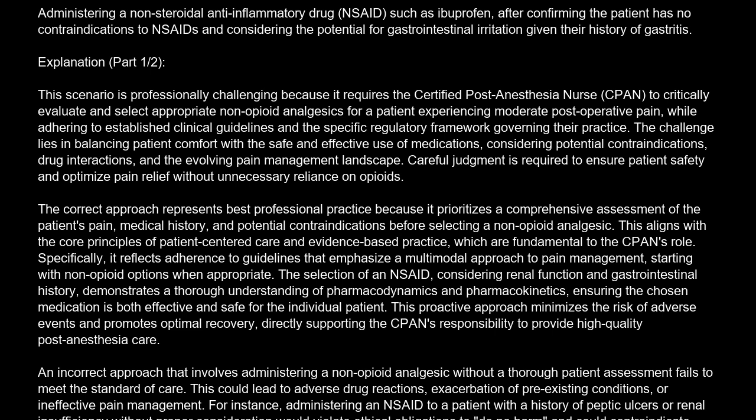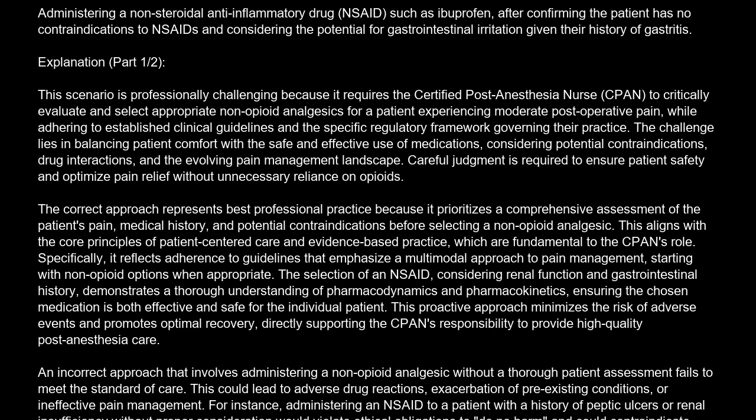The correct approach represents best professional practice because it prioritizes a comprehensive assessment of the patient's pain, medical history, and potential contraindications before selecting a non-opioid analgesic. This aligns with the core principles of patient-centered care and evidence-based practice, which are fundamental to the CPAN role. Specifically, it reflects adherence to guidelines that emphasize a multimodal approach to pain management, starting with non-opioid options when appropriate.